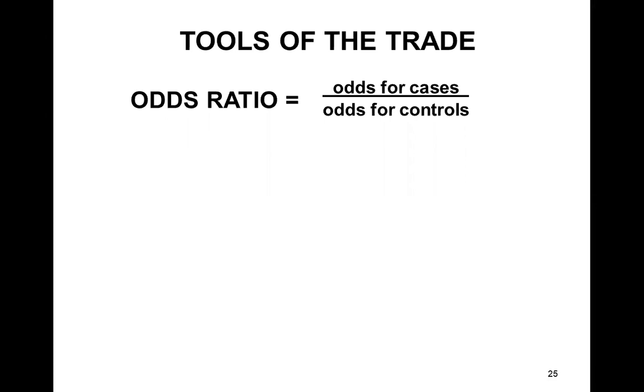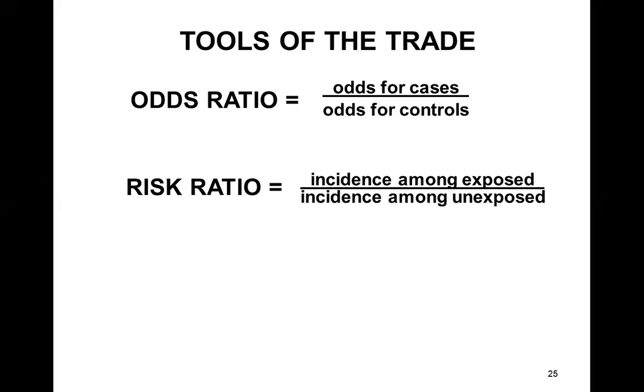So odds ratio, and I know you've seen odds ratios, hazard ratios, mortality ratios in the literature, and you may not have ever really thought about what that means. Odds ratio is the odds for cases divided by the odds for control. Risk ratio is the incidence among exposed divided by the incidence among the unexposed.